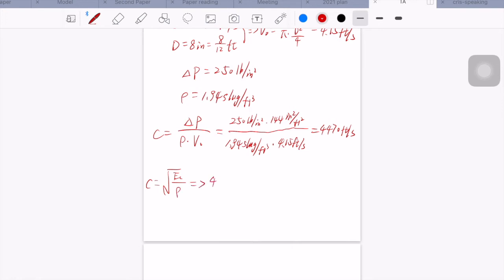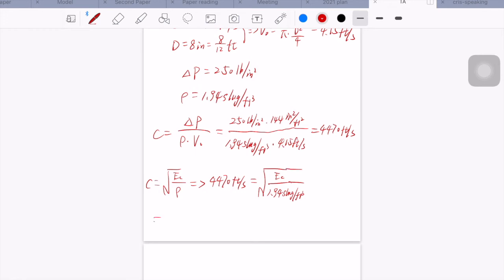And we also know C equals square root of EC divided by rho. So 4,470 feet per second equals square root of EC divided by 1.94 slug per cubic feet.